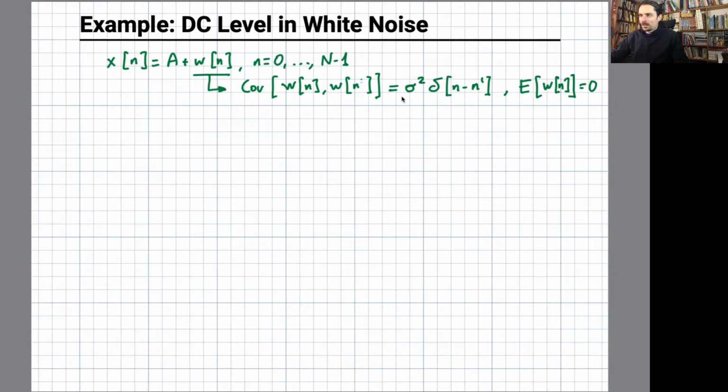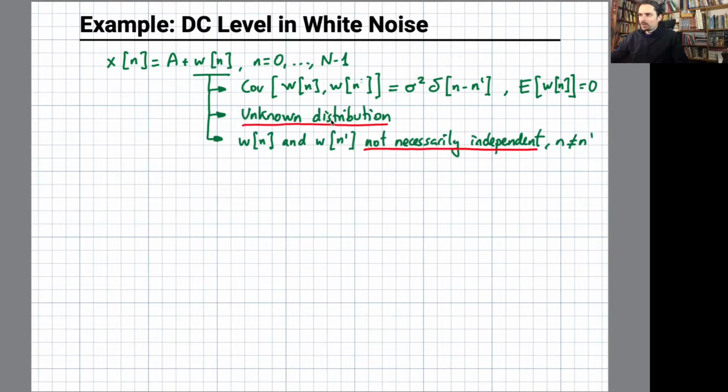Okay, and we will not be assuming in this case any distribution for W, right? Note that the blue estimator doesn't impose any such assumption. Okay, and we don't even need to assume that the noise samples are independent. It suffices to assume that they are uncorrelated.